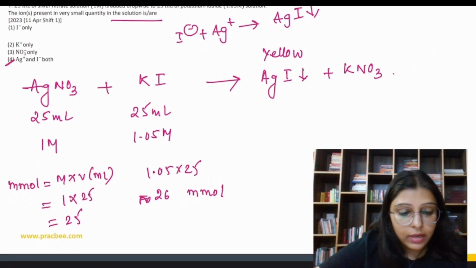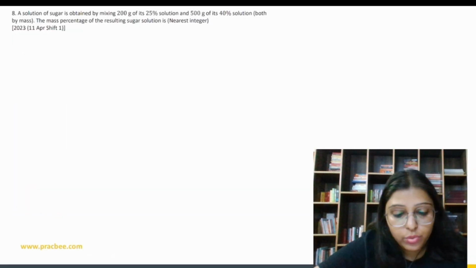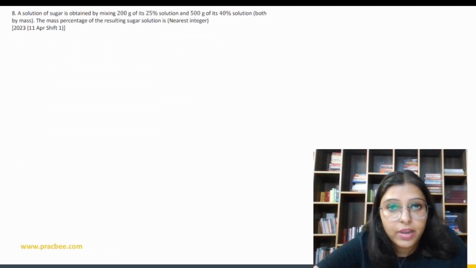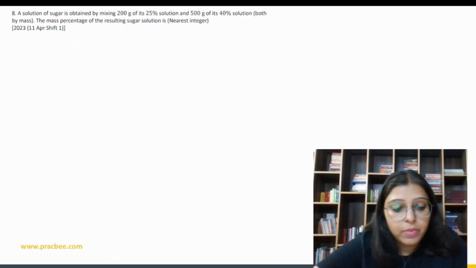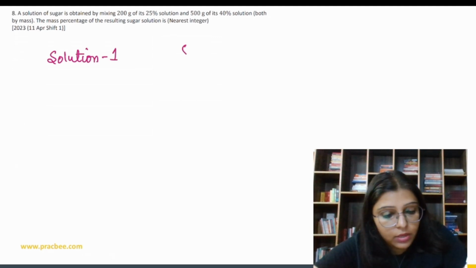I hope this question is clear. Now let's do next question. A solution of sugar is obtained by mixing 200 gram of its 25% solution and 500 gram of its 40% solution, both by mass. Mass by mass percentage is given to us. The mass percentage of resulting sugar solution is, see, solution 1 and we have solution 2.